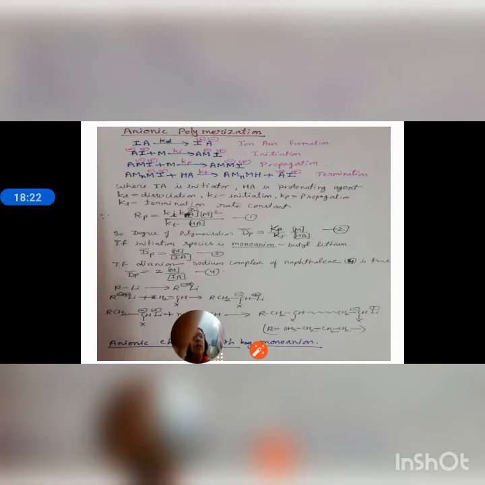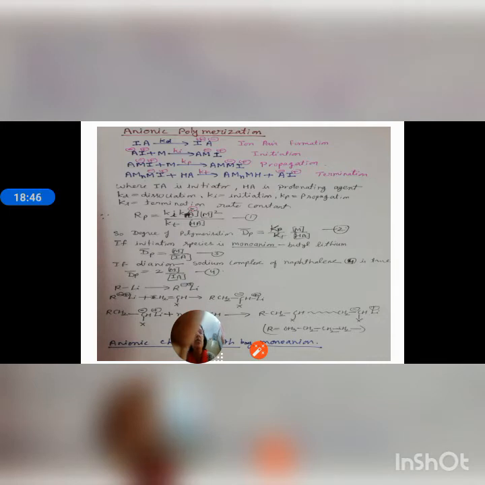Then Rp, the rate of propagation, equals Ki into Km concentration into M square concentration upon Kt into HA concentration.